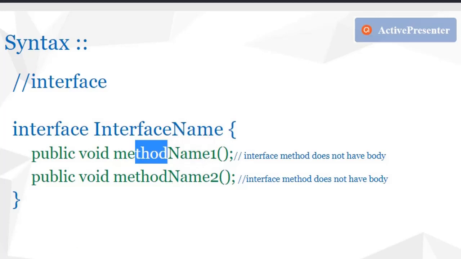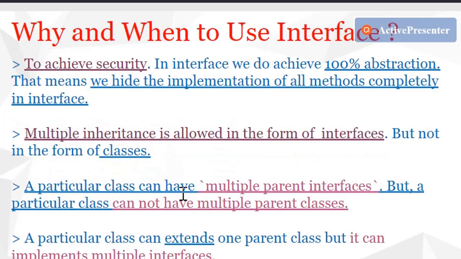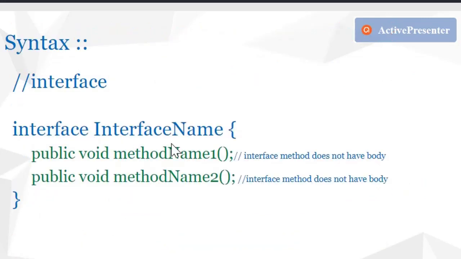Why and when to use interface? We use interface to achieve security, because by using interface we can achieve 100% abstraction. 100% abstraction means here inside the interface all the methods are abstract in nature.